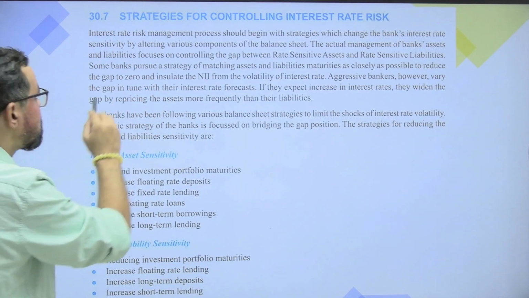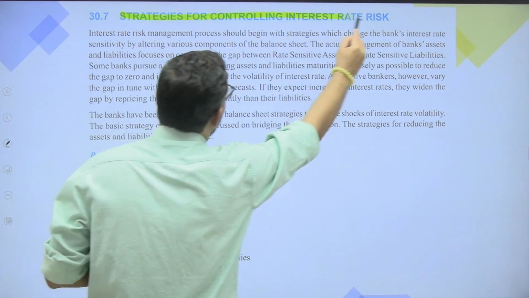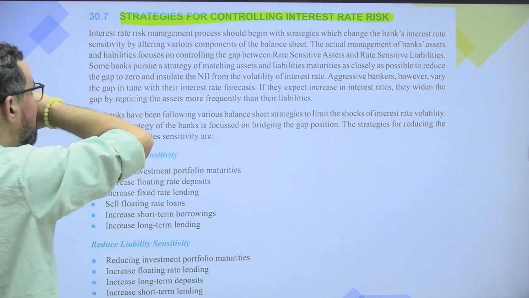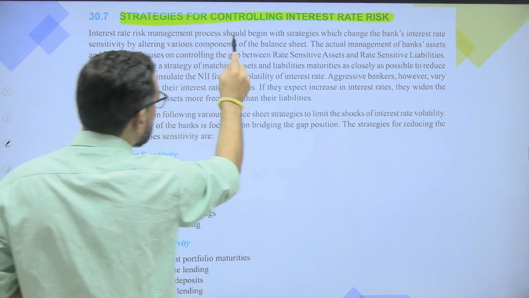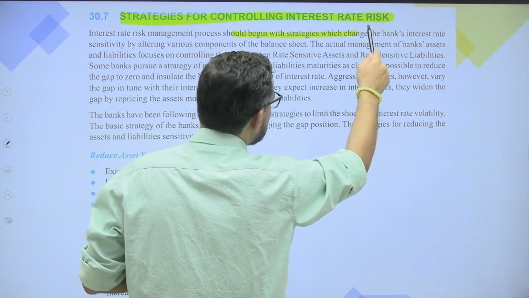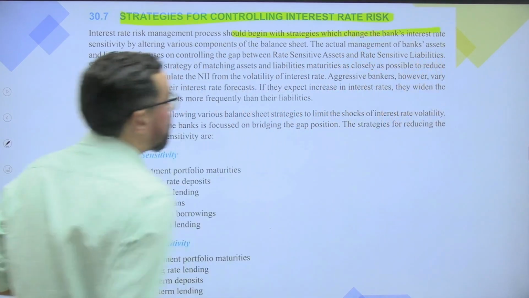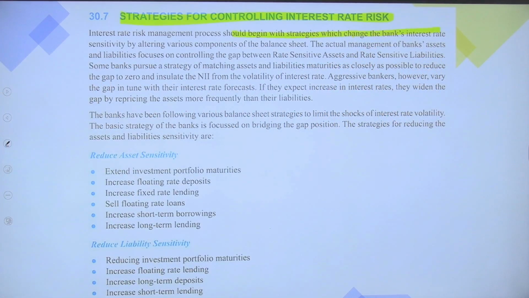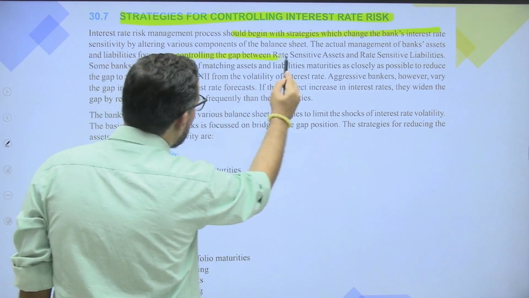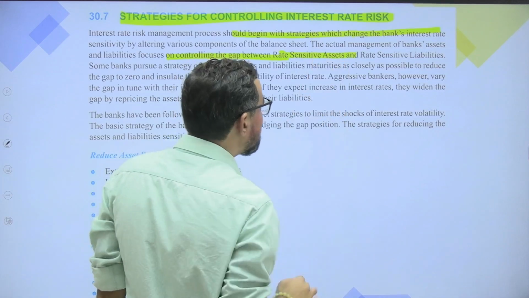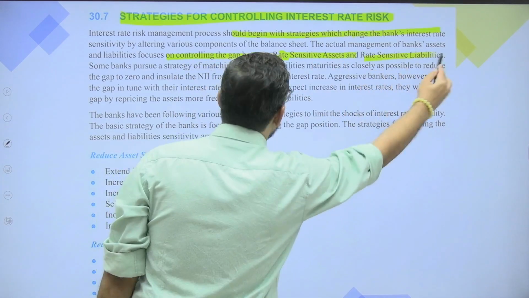Let's have further discussion: strategies for controlling interest rate risk. Interest rate risk management should begin with strategies which change the bank's interest rate risk sensitivity by altering various components of the balance sheet. The actual management of bank assets and liabilities focuses on controlling the gap between rate sensitive assets and rate sensitive liabilities.